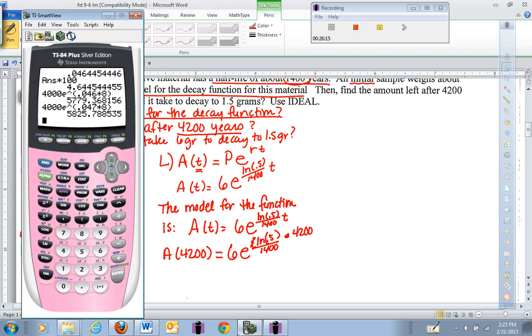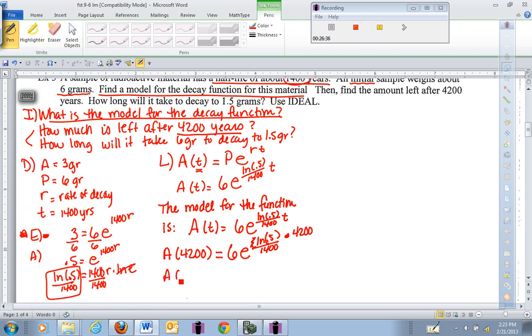So I would have 6 e to the natural log of a half divided by 1400, so that's the rate, times 4,200. That's going to give me 0.75. So the amount after 4,200 years is 3/4 or 0.75 grams.